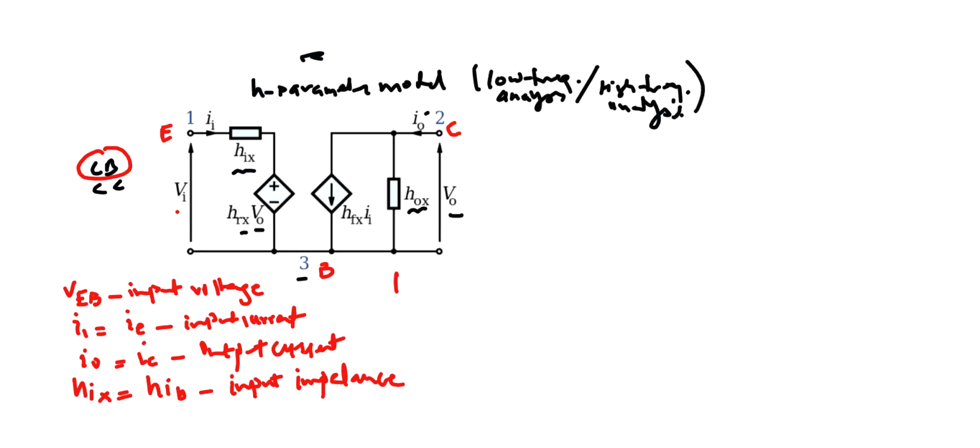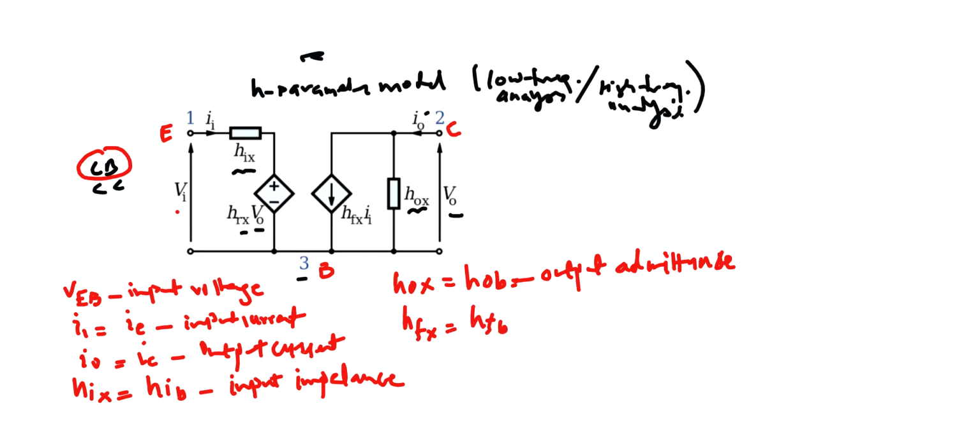This is your output admittance. Then you have HFX, which will be replaced by HFB. This is your forward current gain.